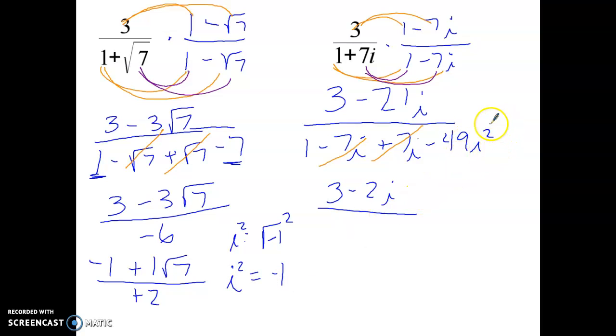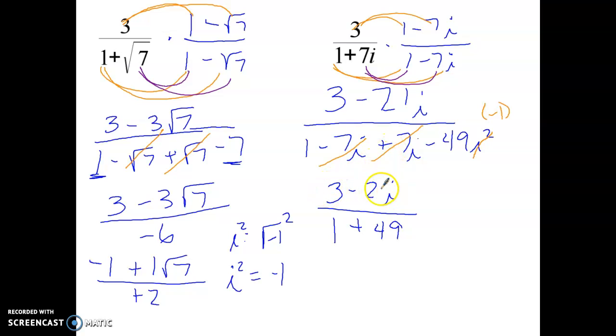So this i squared right here, I can replace that with a negative 1 because i squared and negative 1 are the same thing. And so what I have in the denominator now is 1, and then over here, negative 49 times negative 1 is positive 49, right? Because negative times negative would be positive.